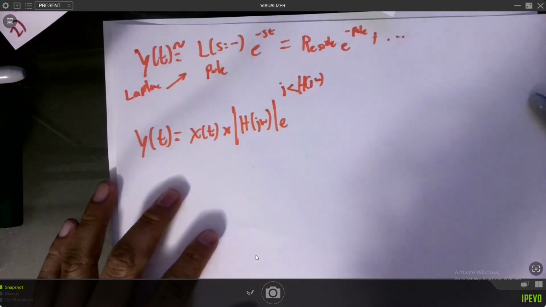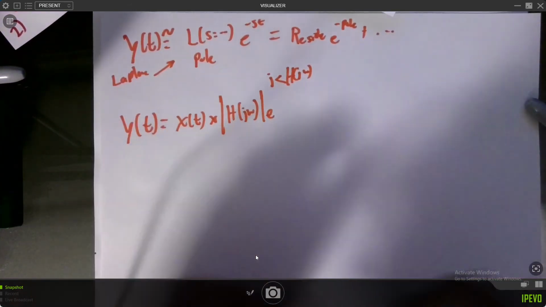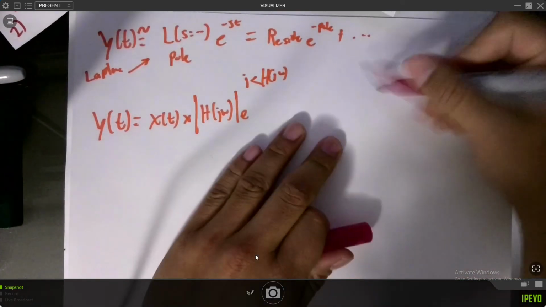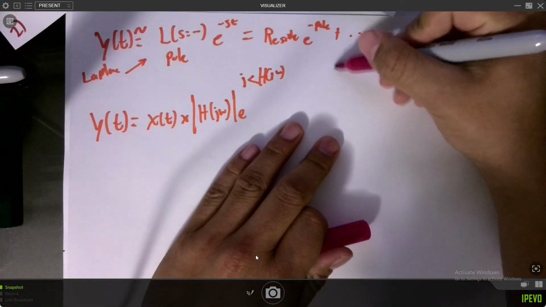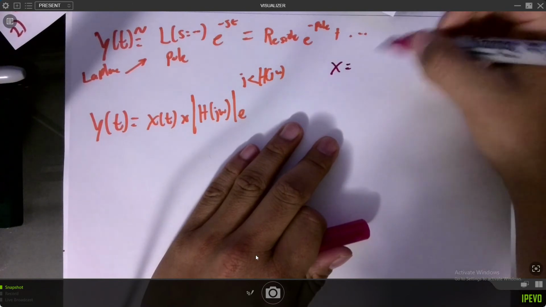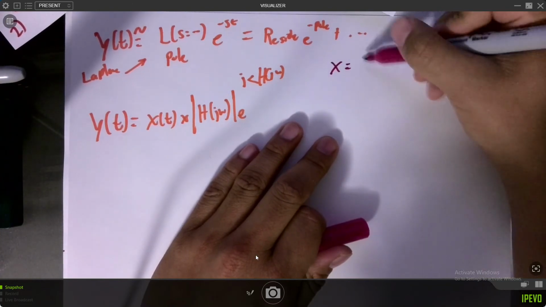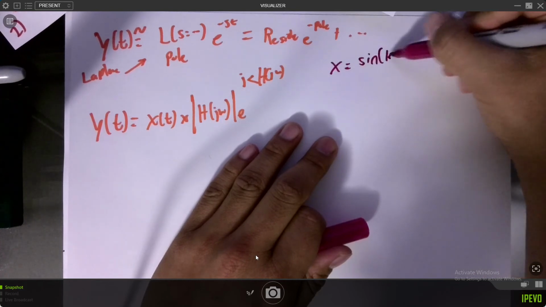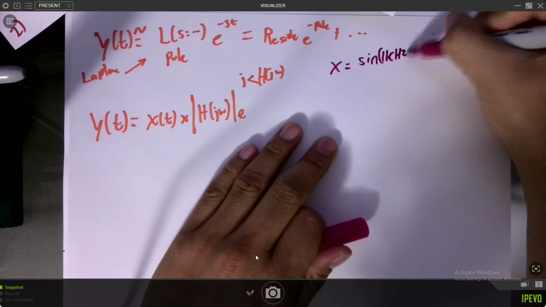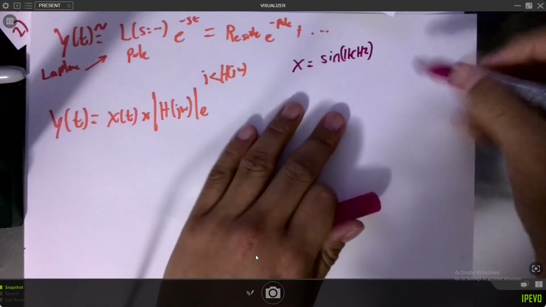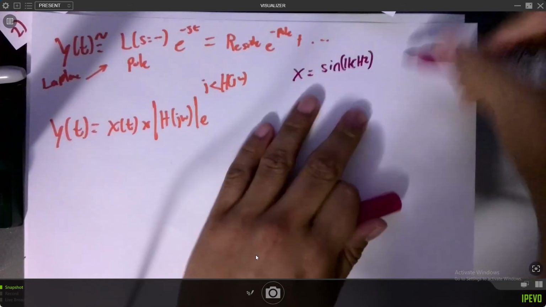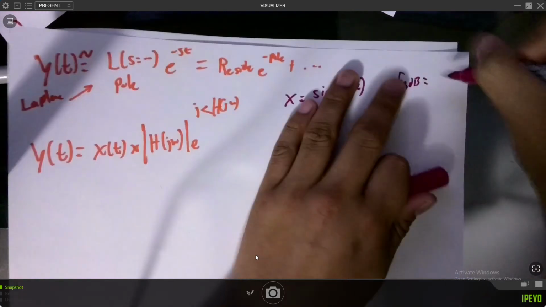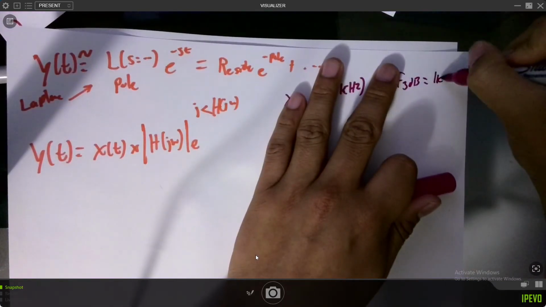So suppose I were to draw, actually I'll show you practically. If I have an input, let's say x is equal to some frequency, it's a sine wave, sine of 1 kHz, and I have an RC with an f3dB equal to 10 kHz.